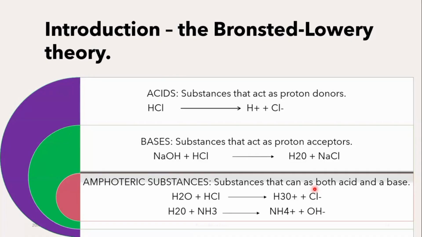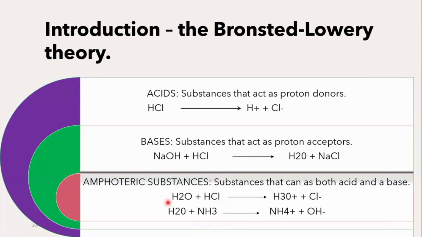They can do both. They can donate hydrogen ions and they can accept hydrogen ions. A very good example of this is water. Water can act as an amphoteric substance. If I add an acid to water, water is going to start acting as a base. If I add a base to water, water will start acting as an acid. So that kind of substance is known as an amphoteric substance.